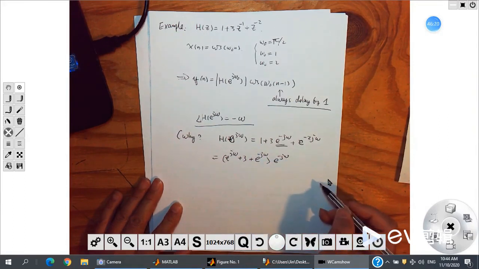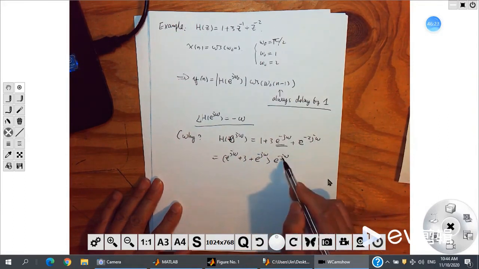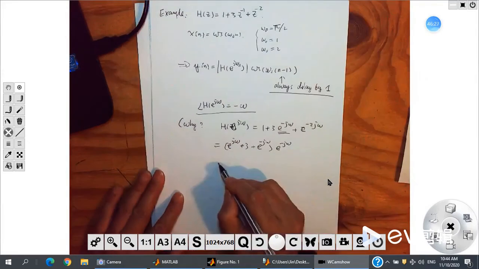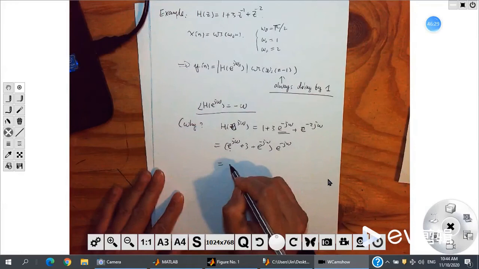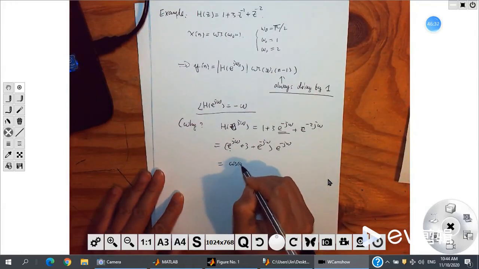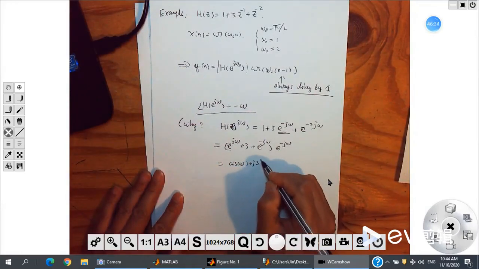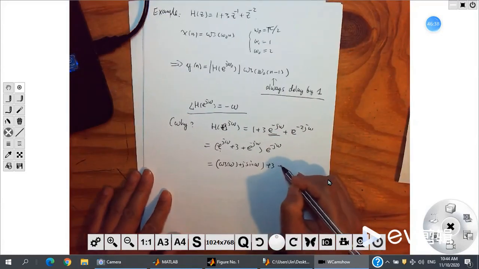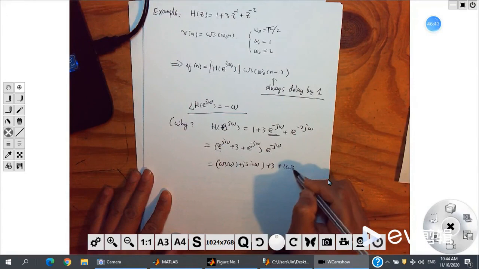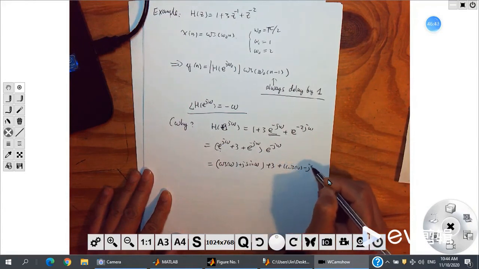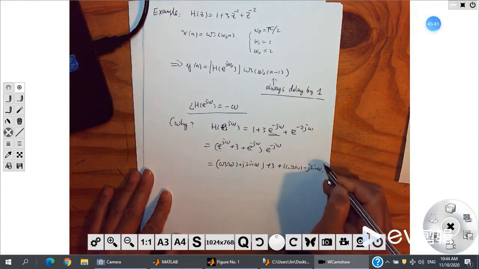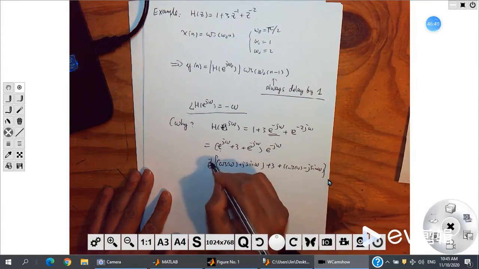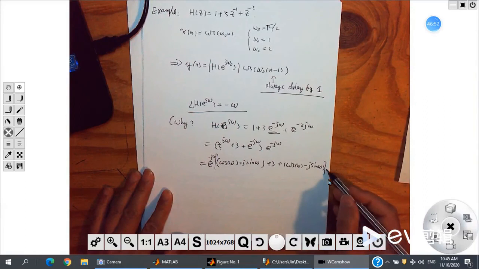Right? Here I have 2, remove 1 out. Here I do not have, then I put the positive 1. All right. This one is cosine of omega plus j sine of omega, plus 3, and plus this one is cosine of omega minus j sine of omega. And all of these we multiply by e to the negative j omega.